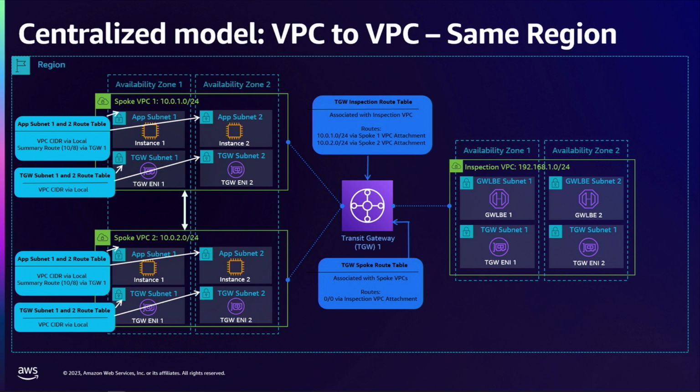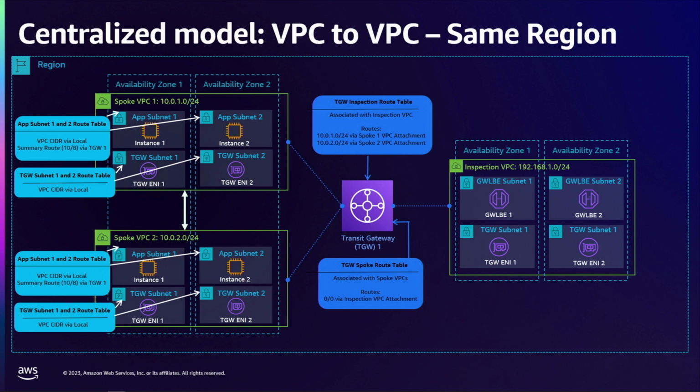It will be first sent to my inspection VPC. It will get to the inspection VPC, to my gateway load balancer or to my network firewall. The traffic will be inspected, routed back to the Transit Gateway, then to the destination VPC. When there's a reply for the packet from VPC2, the same thing happens. It will go through the Transit Gateway to the inspection VPC and back to VPC1.